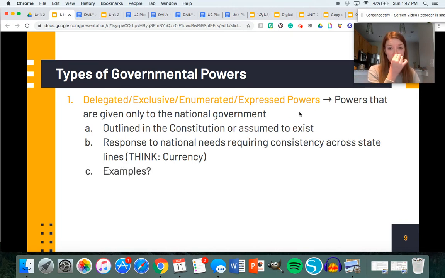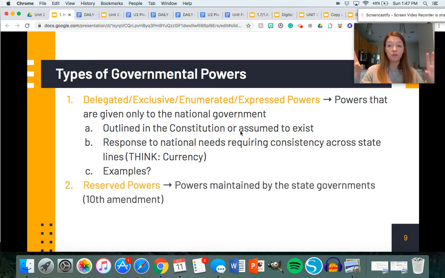Now, other examples of these delegated exclusive powers to the national government, military, right? That is only the national government declaring war. International and interstate commerce, that is only the federal government. Immigration, coining money. Anything really that we're going to take a look at in Article 1, Section 8, that's going to be one of these powers.